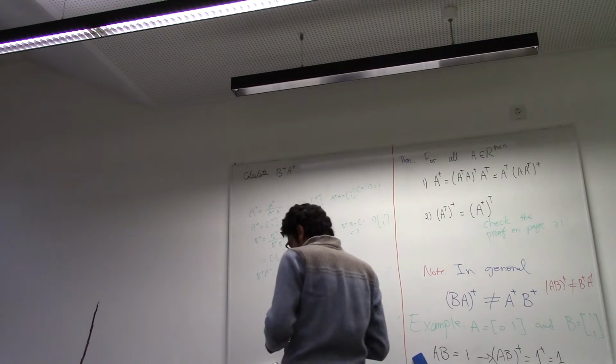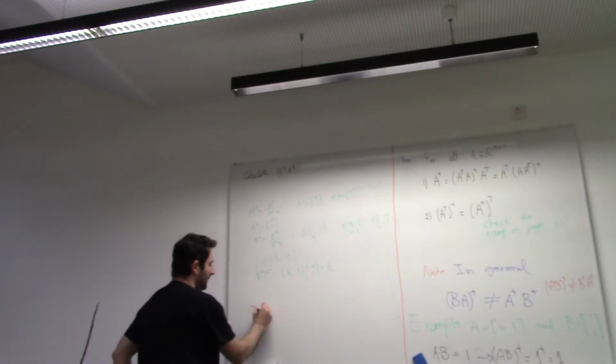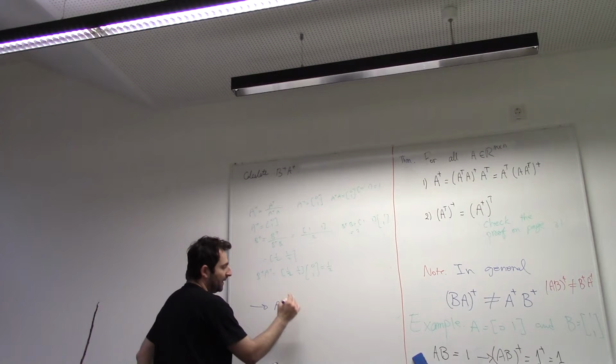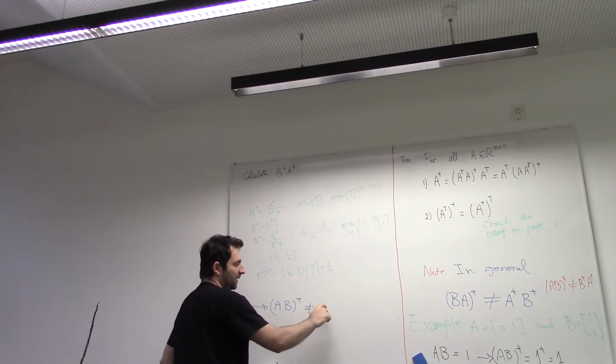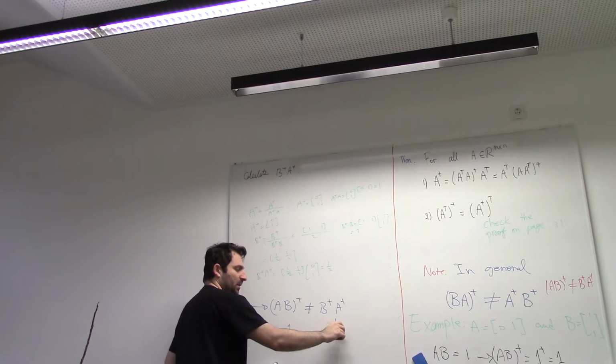Excellent, thank you very much. So we can easily see that (AB)⁺ is not equal to B⁺A⁺, because this was 1 and this is 1 over 2.